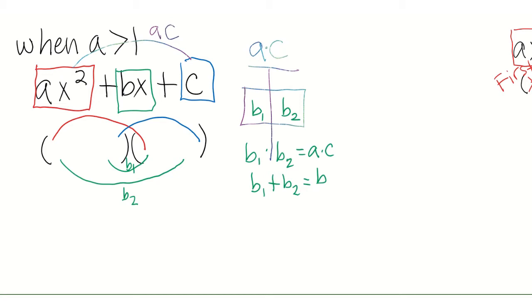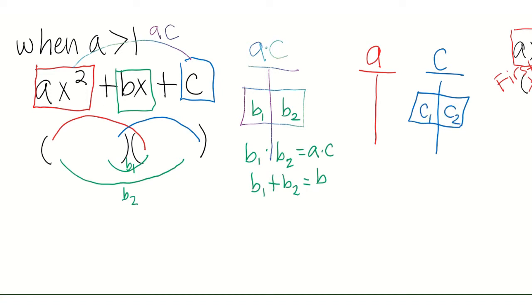Now I have to figure out what to do with the A and the C. So what I'm going to do is factor my A and factor my C. Let's say we choose factors C1 and C2, and factors A1 and A2.